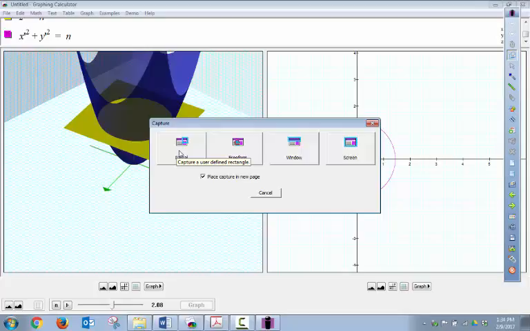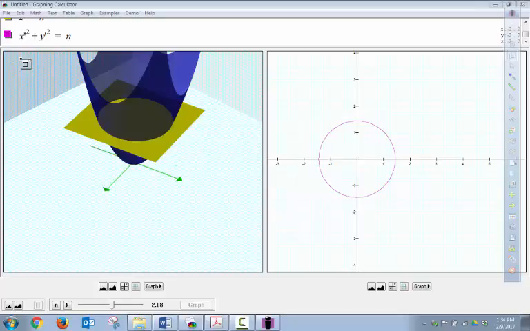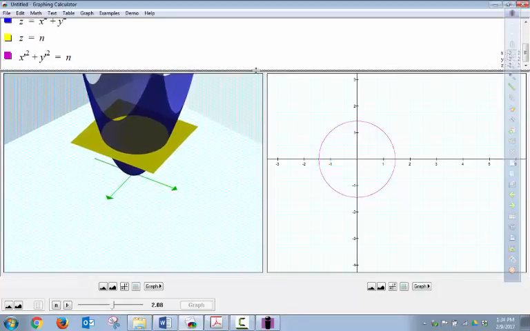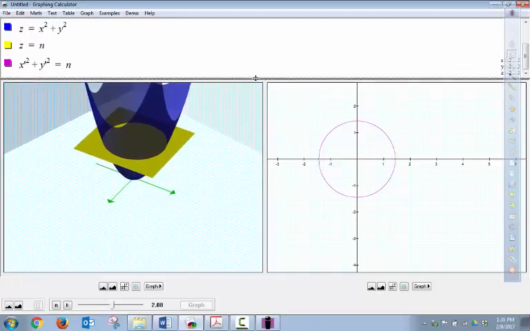Hmm? It's not quite swept, right? No, because that would be a cylinder, right?